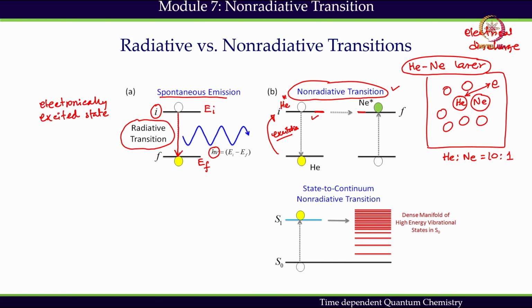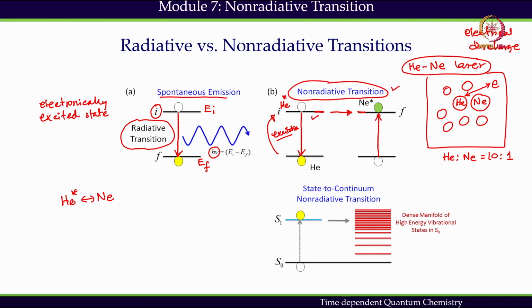And that's why this excited helium then collides with ground state neon. When it's colliding, excited helium can transfer energy to the neon, and as a result excited helium will come back to the ground state and neon will consequently be excited to the excited state.